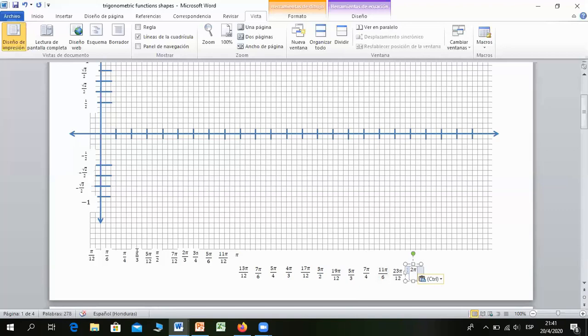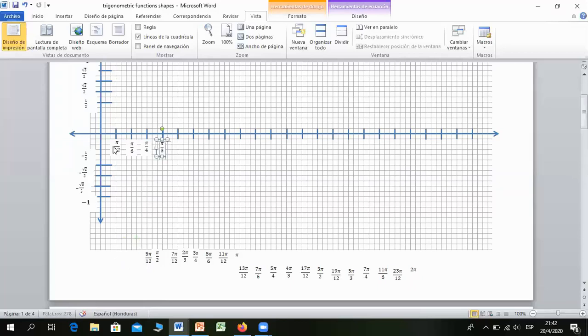So now we already have these values. I'm going to put all these values here in this counting on the x-axis, because this counting is the one we need right now in order to make the graph of sine. So here we go with pi over 12, 2 pi over 12, which is just pi over 6, 3 pi over 12, which is now just pi over 4, and so on.